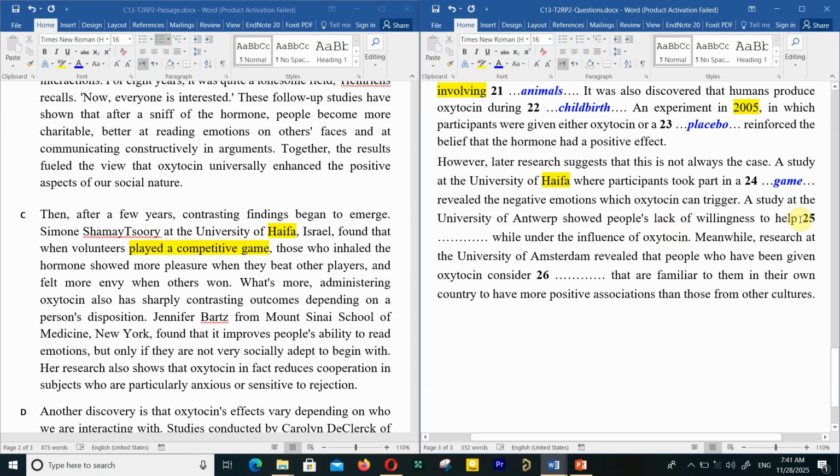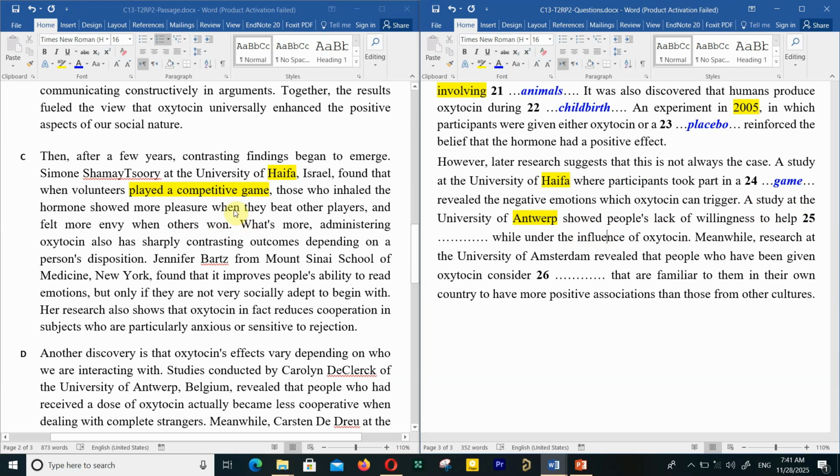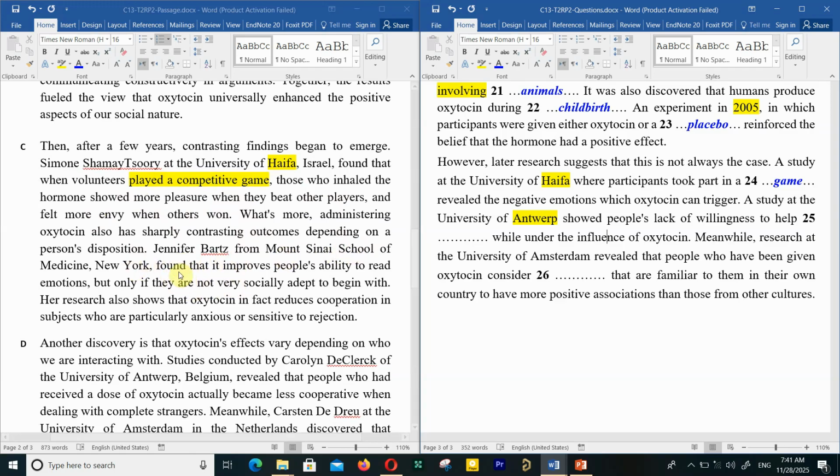So, question 25. A study at the University of Antwerp. First, locate Antwerp. Just scan, just find Antwerp. Where is it?